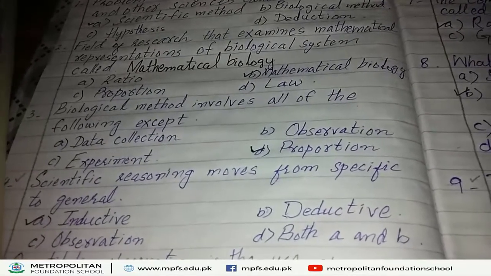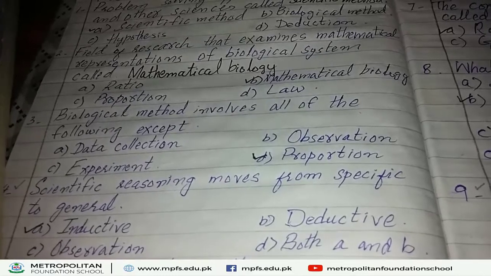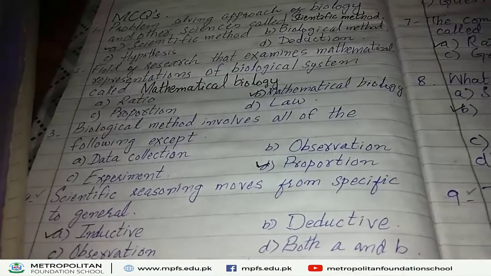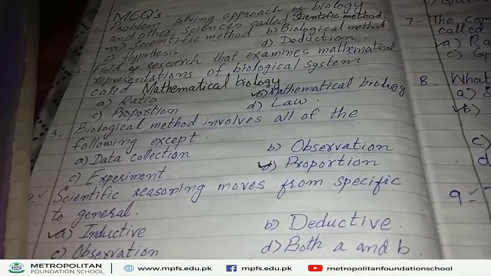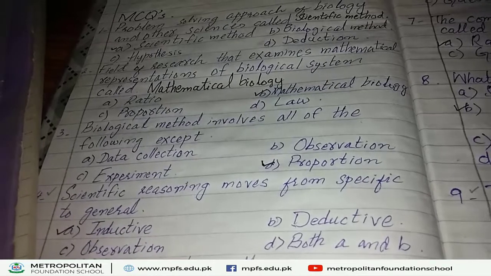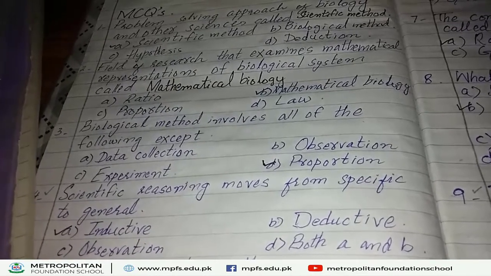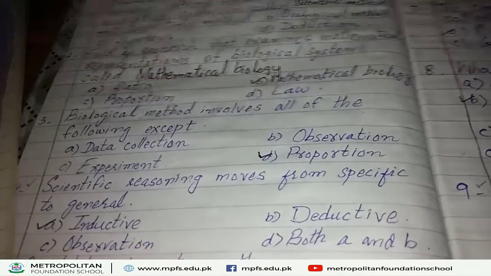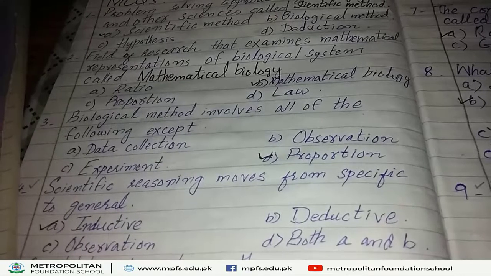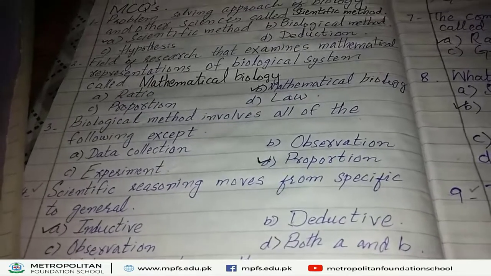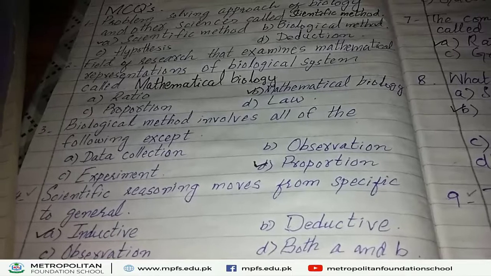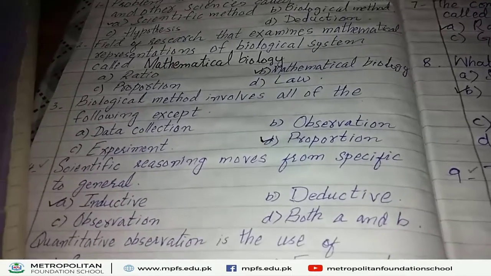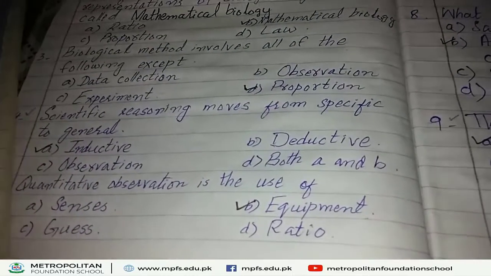For example, all the fishes have scales on their body. Shark has scales on its body. Because they have scales on their body, that's why they are considered as fish. So it is called inductive reasoning. In inductive reasoning, we move from specific to general information. Okay? Got it? Now move next.